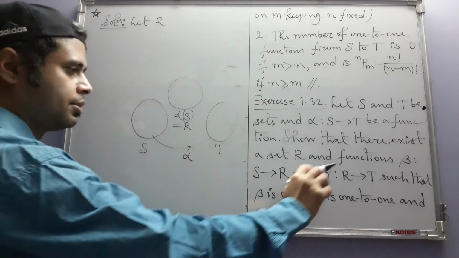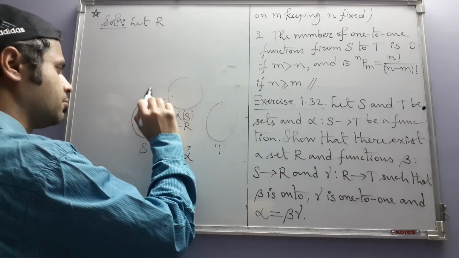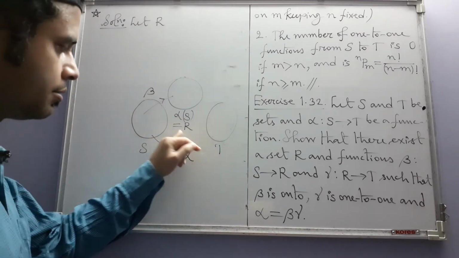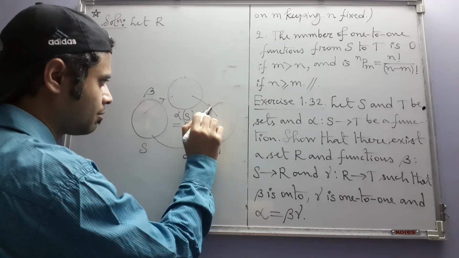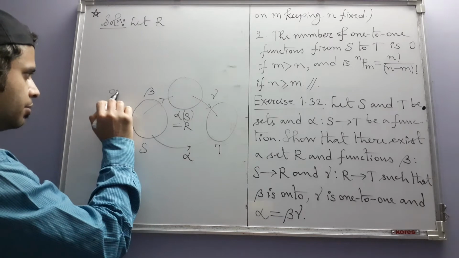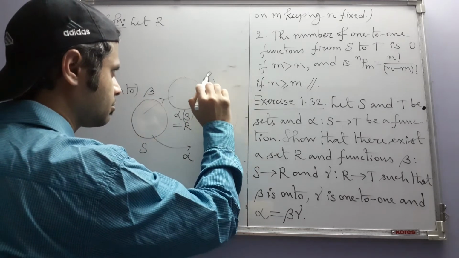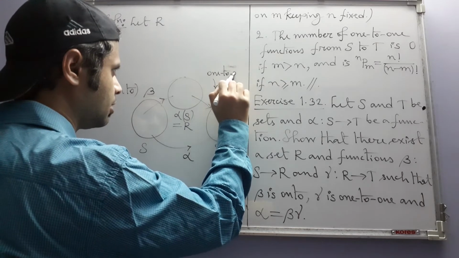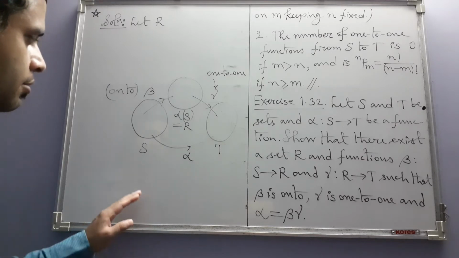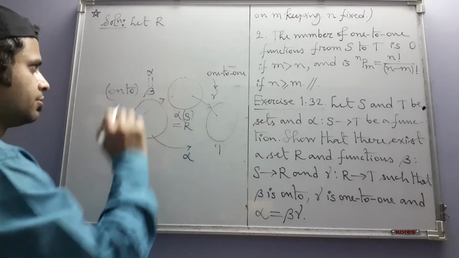And now we need a function beta from S to R and a function gamma from R to T such that beta is onto and gamma is 1 to 1. Why don't we choose beta to be nothing but alpha itself?